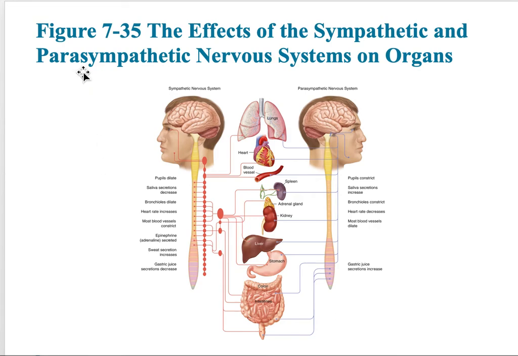On the opposite side, it slows everything down through the parasympathetic nervous system, and everything returns back to normal. We would consider this to be what we say feed and breed or rest state. So it may slow down the heart rate and allow for digestion.